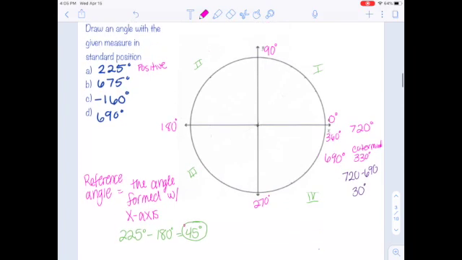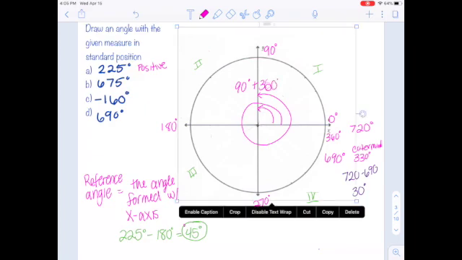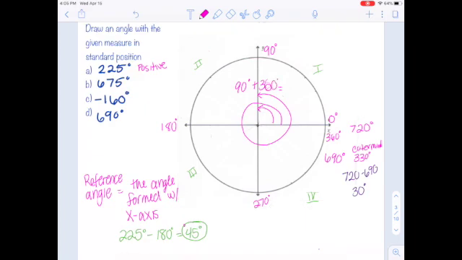Another way to look at it is if I had, let's say, an angle of 90 degrees, another coterminal angle, if I spun around the unit circle and I ended up at that 90 degrees, that would be 90 degrees plus a full spin of 360 degrees, which gives you another coterminal angle of 450 degrees.